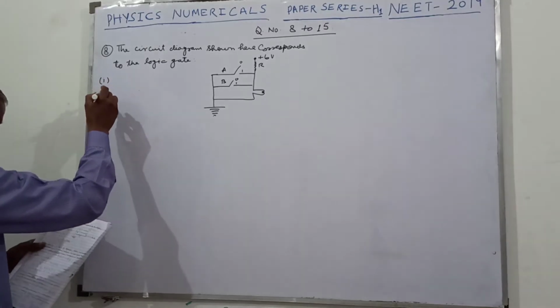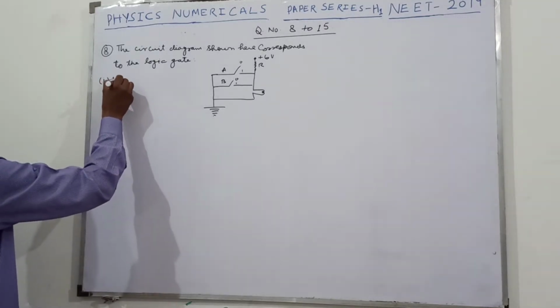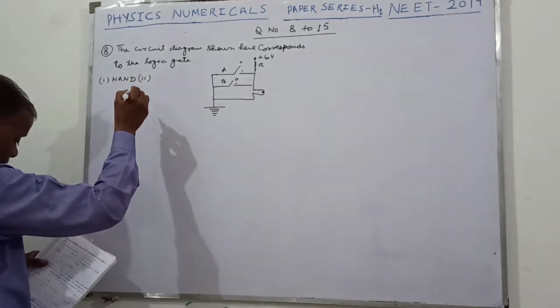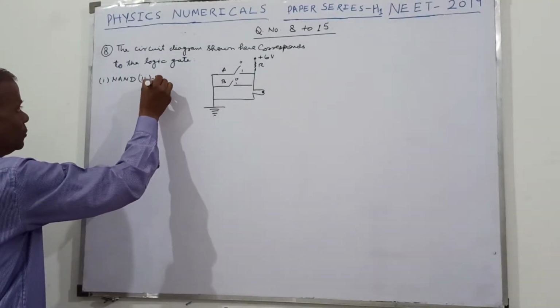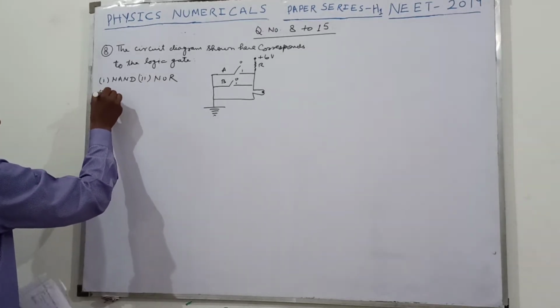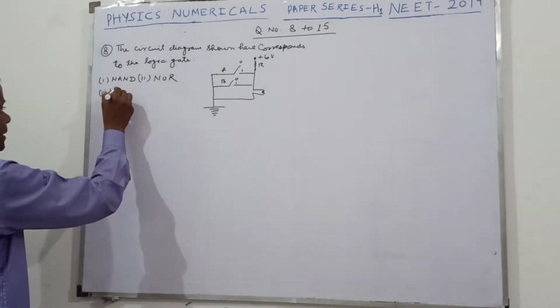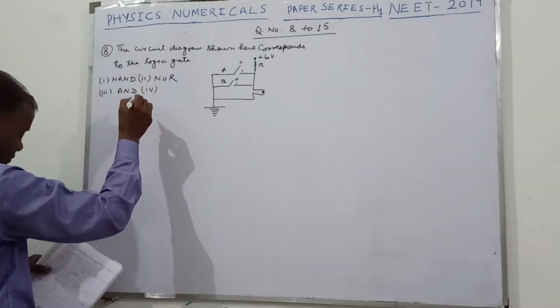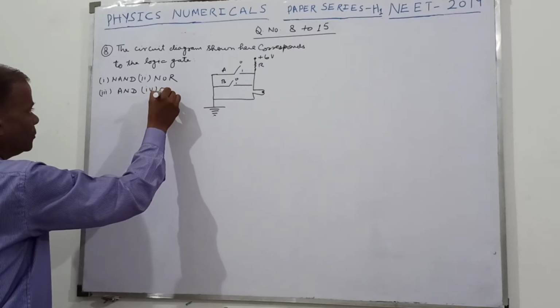First is AND, second is NOR, third is NAND, and fourth is OR.